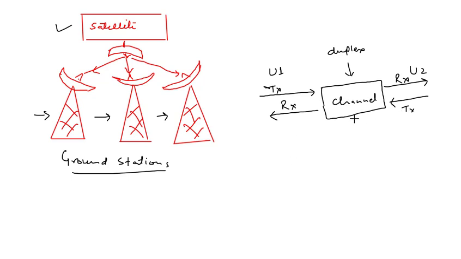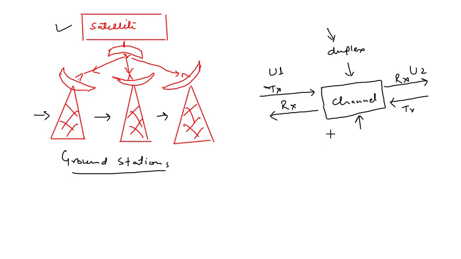Here two users, or there can be multiple users, use a single channel for their transmission and reception, but this single channel needs to be a duplex one where we have two simplex channels. One is used for transmission and the other one is used for reception.